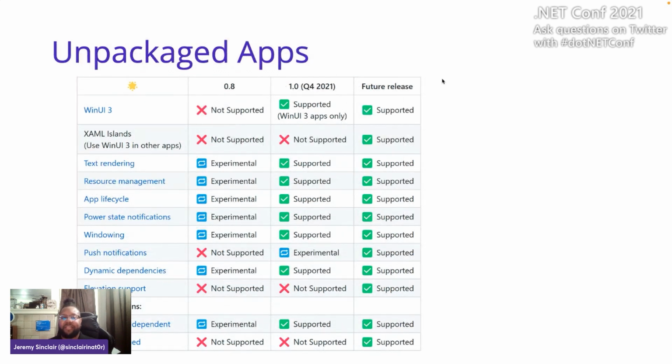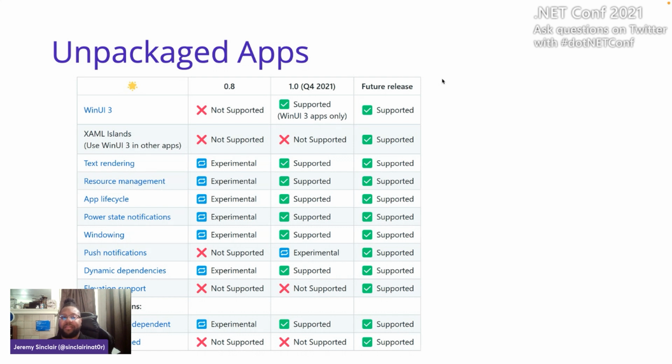And even the same for the unpackaged apps. Even though, as you see, it's supported for 1.0, in a future release we'll get the ARM64 support. But even in the stable release right now, you can't even use WinUI 3 with unpackaged apps.